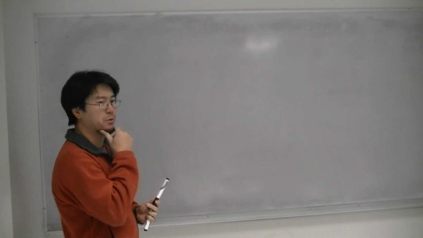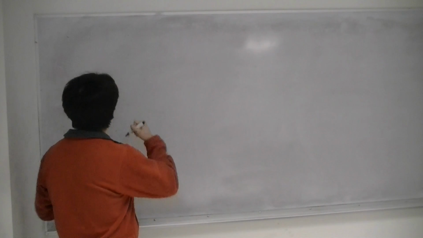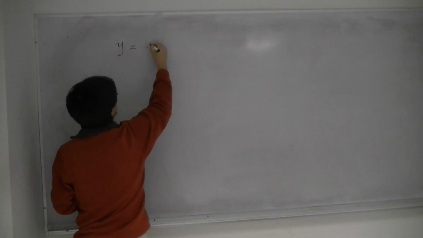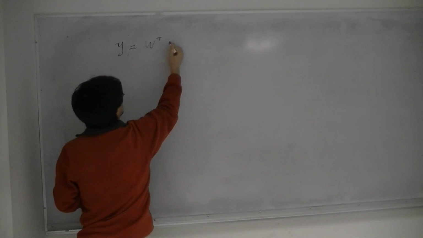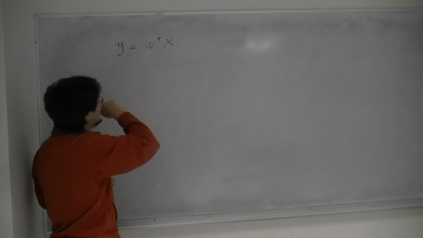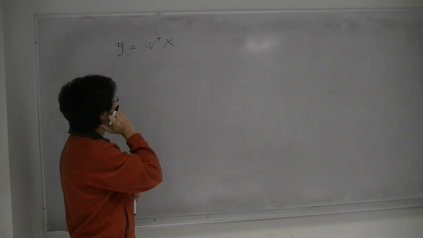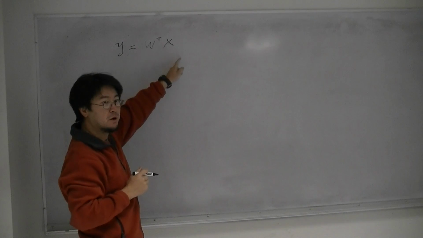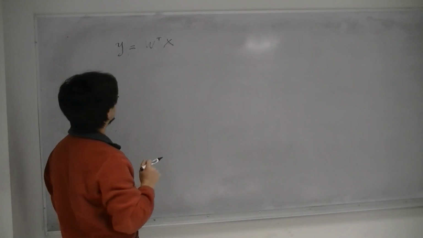the logistic regression or linear regression. We have a model y equal to W transpose x. X here can be in the original space, or you can transform it to another space, which is called feature space.